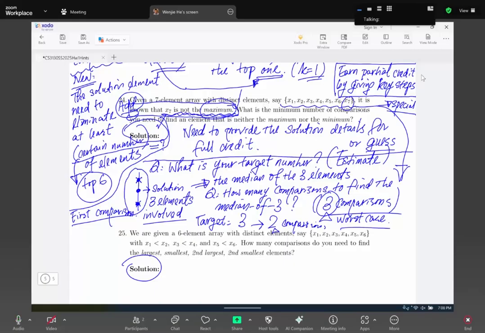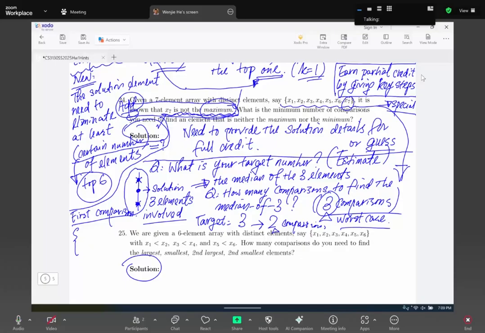All right. Then when we do the first comparison, you need to find 2 elements in these 7 elements. But when you choose 2 of the elements, do you want to include X7 or not include X7? So here you have 2 different ways to choose your first 2 elements, because you need to select 2 elements.